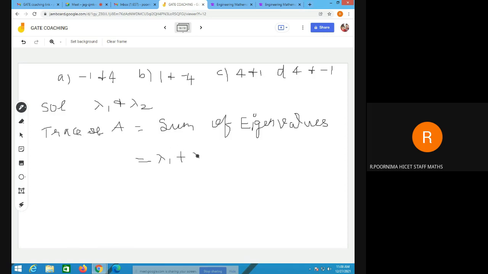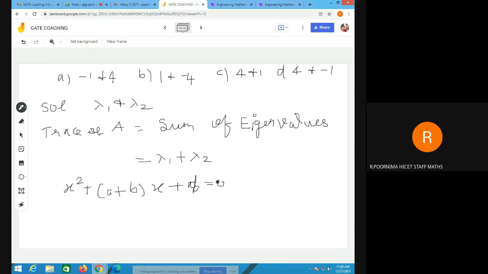The general form of a quadratic equation in terms of x is x square minus (a plus b) into x plus ab, which is equal to 0.